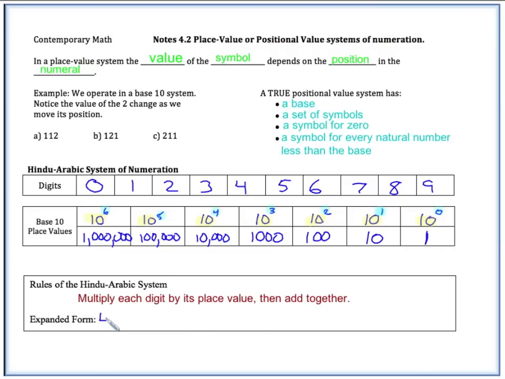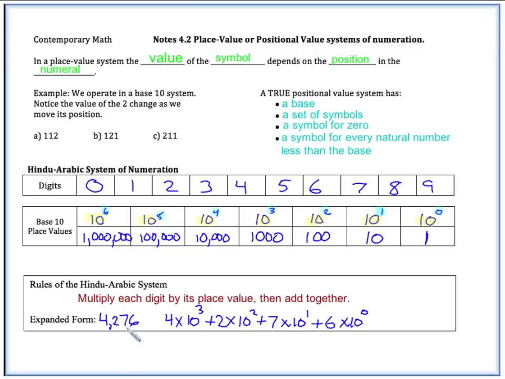So if I wrote this number here, 4, 2, 7, and 6, we would rewrite this number as 4 times 10 to the third plus 2 times 10 squared plus 7 times 10 to the first plus 6 times 10 to the 0. That's exactly how a place value system works.